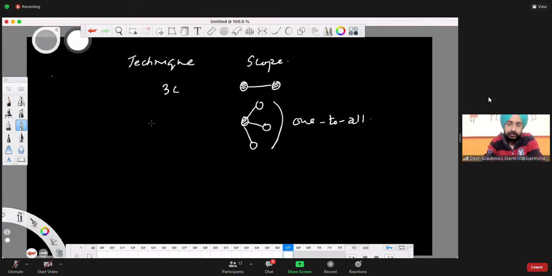Now this is the extension of 3C, a logical extension of 3C, and there were two papers which came together. One of them called it circular 3C. So if you add up this C now, it becomes 4C, right?